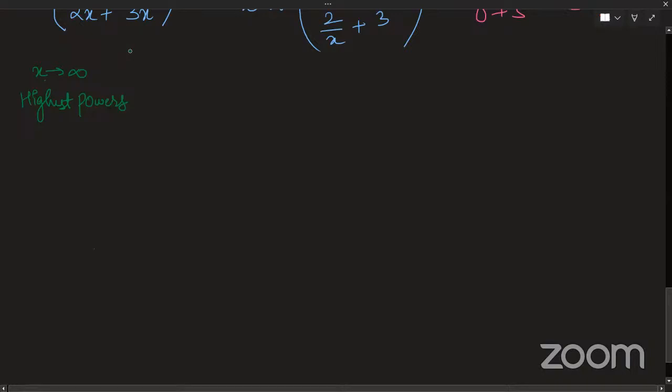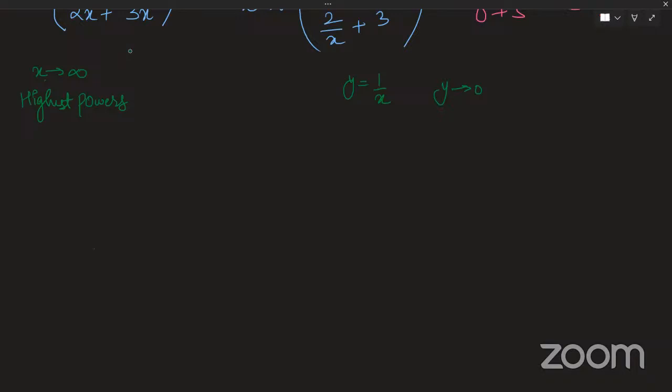Now tell me, I assume a variable y that is 1 by x. Where will y tend to? 0. Correct. And x was being raised to the highest powers, like the power of x was maximum.